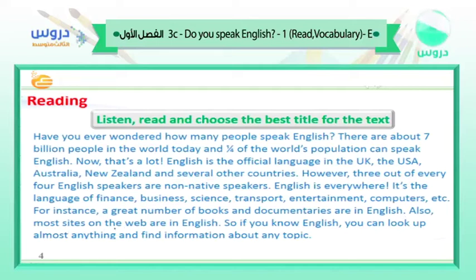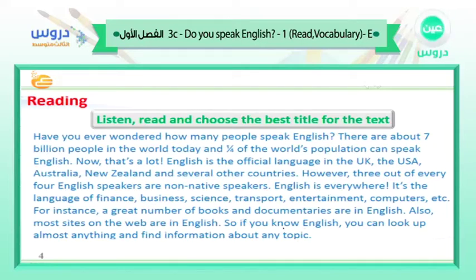Also, most sites on the web are in English. So if you know English, you can look up almost anything and find information about any topic.